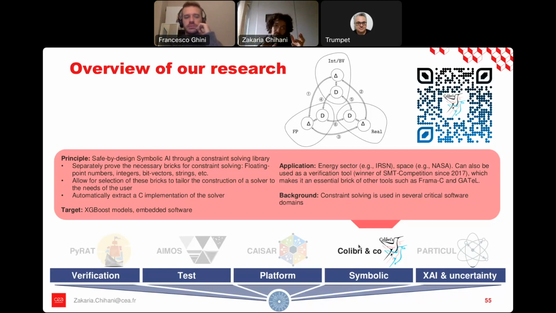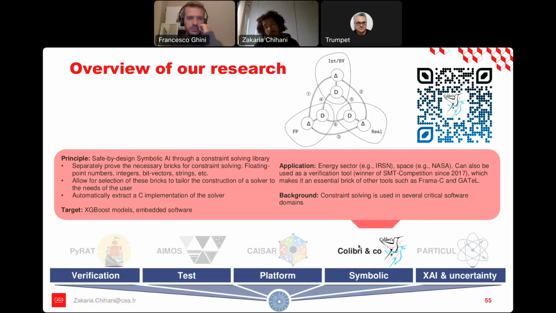So Colibrix allows the industrial partner to tailor the generated solver on its particular needs. So this is one reason why we worked on this type of architecture.